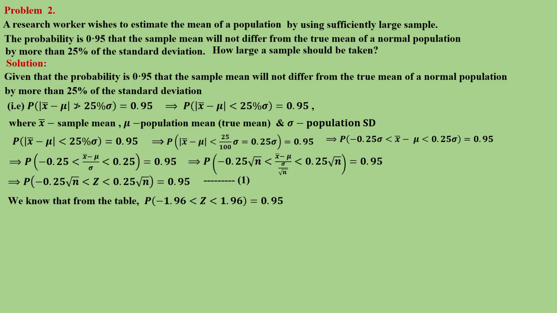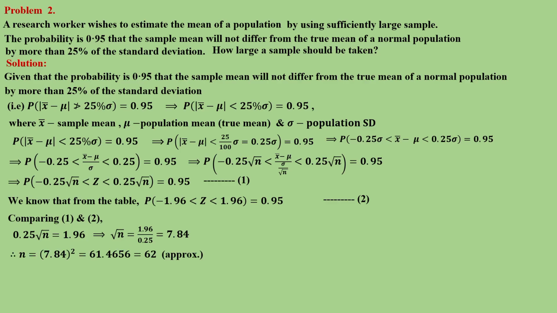We know from the table that probability of minus 1.96 less than z less than 1.96 is equal to 0.95, that is the 5% level. That is equation number 2. Comparing 1 and 2, 0.25 root n equals 1.96, so root n equals 1.96 by 0.25, that is 7.84. Squaring both sides, n is 7.84 squared, approximately 62.